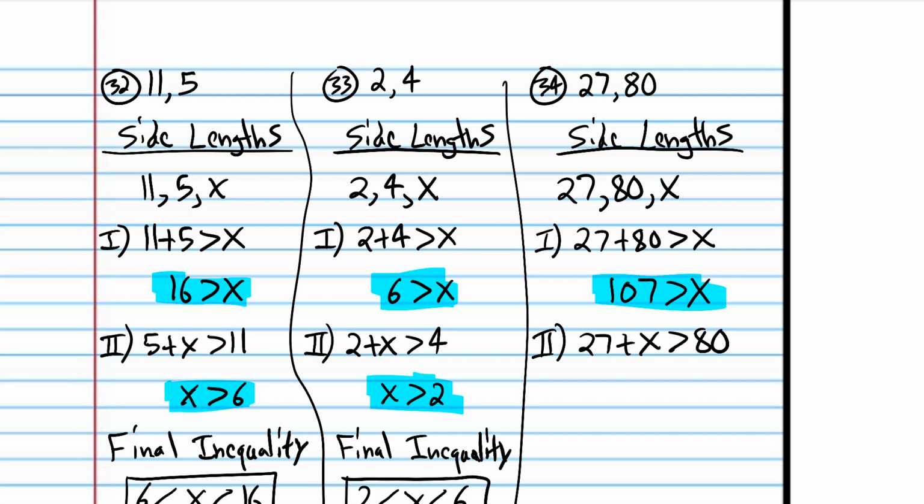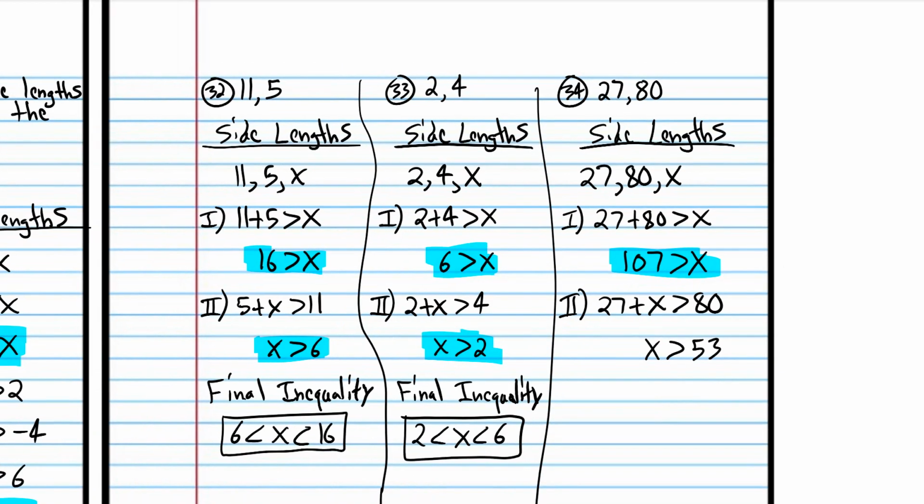So subtract 27 from both sides, and we get x is greater than 53. So the final inequality is x is between 53 and 107.